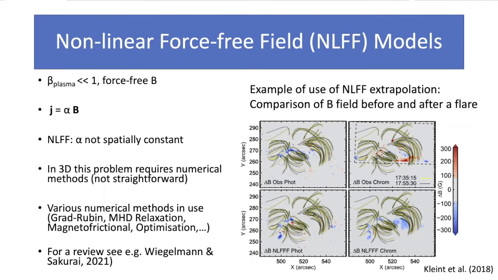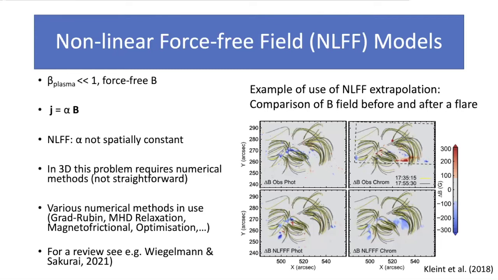There's MHD relaxation, magnetofrictional methods, and then optimization, which is something that Thomas Wiegelmann has been using in lots of the collaborations that we've done. And a review of all the methods and so on can be found in the living review by Wiegelmann and Sakurai, which has just been, I think, updated in 2021.